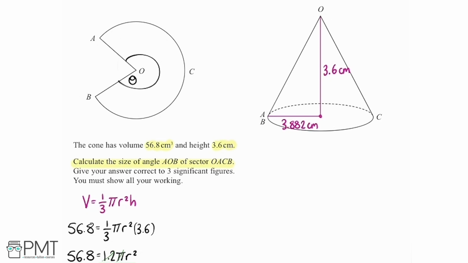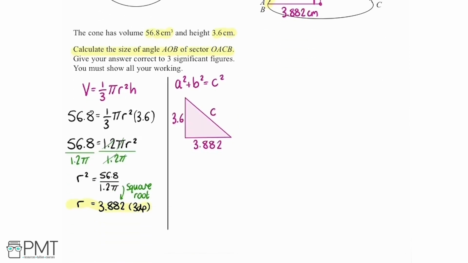Now using this information we can find some more. If we have a look here, we've created a right angle triangle. So I reckon we can use Pythagoras to find out this length here. Now Pythagoras' theorem says that a squared plus b squared is c squared. And I reckon we can work out what c is by doing 3.882 squared plus 3.6 squared, and that equals c squared. So popping this into the calculator, I'm going to write it the other way around actually.